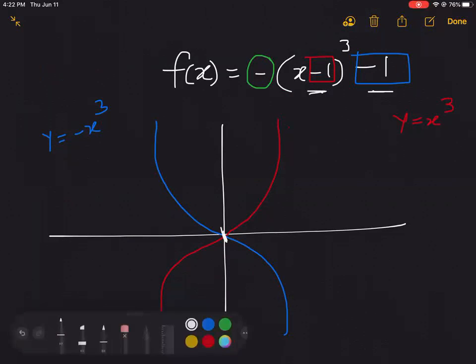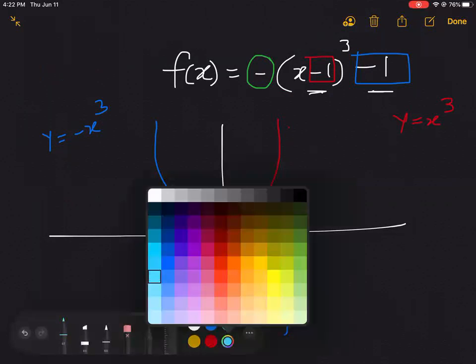So if I first move downward, I'll go here. That's my negative 1. And from here, I'll also move 1 unit to my right. Here is my 1 unit to my right. So that's the point where I'll have my new graph. Let me draw it for you, using a different color, this one.